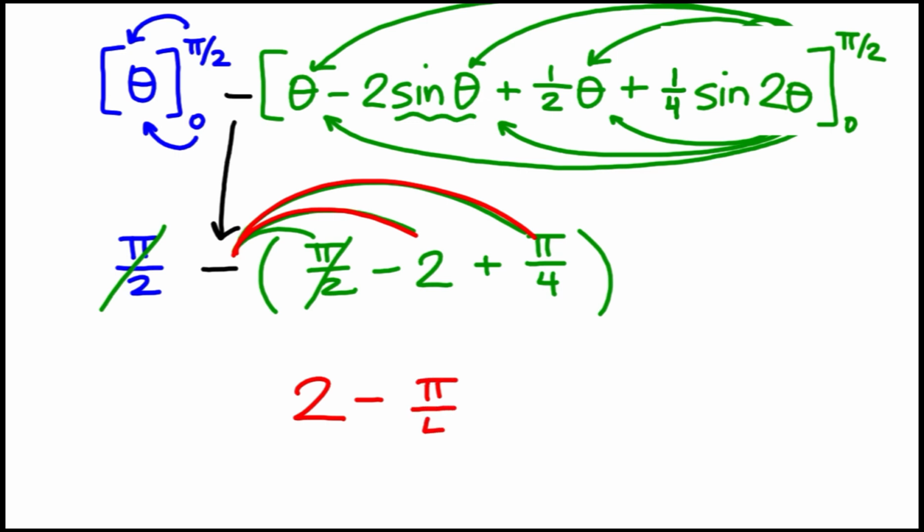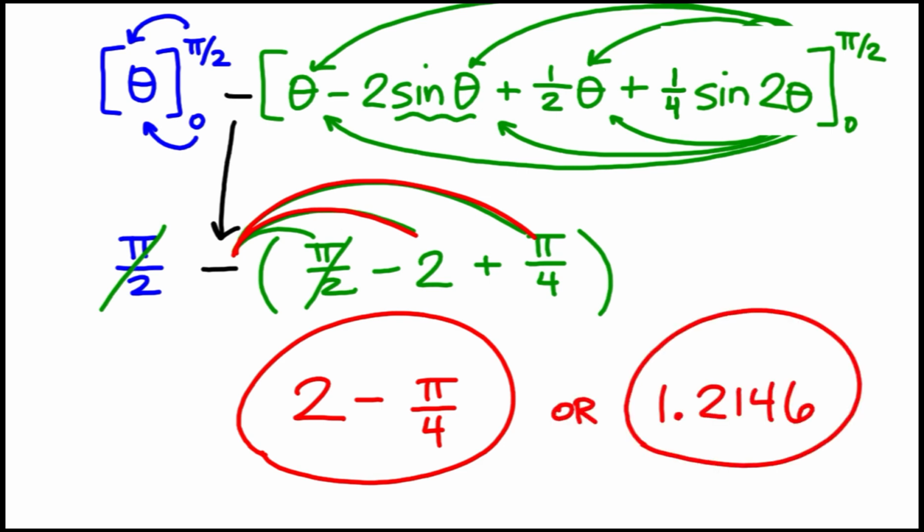And that is the exact answer. If you want a decimal approximation, it's 1.214 or 1.215, because it comes out to 1.2146. But this thing right here is definitely the best answer. It's the exact answer.